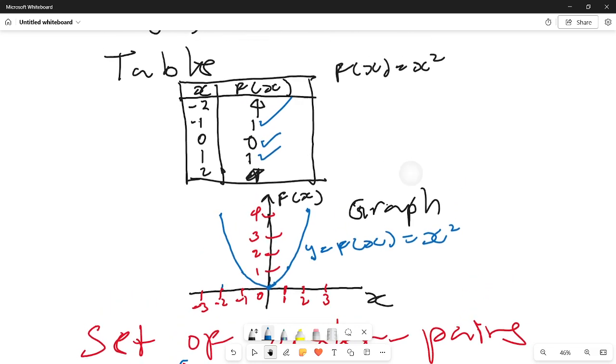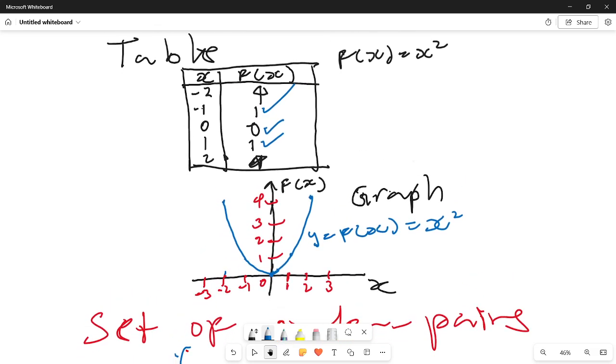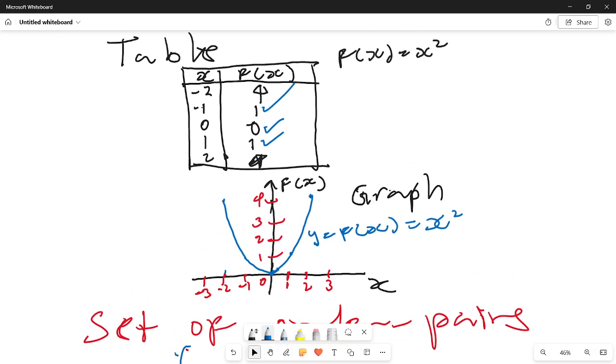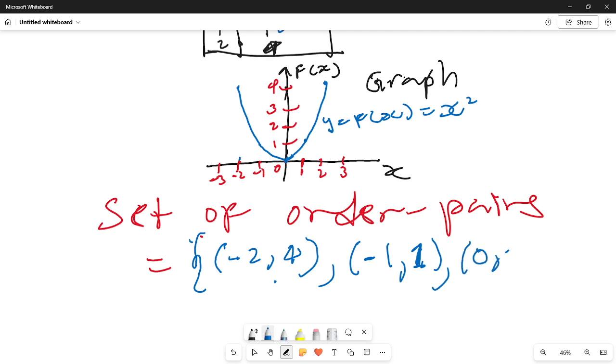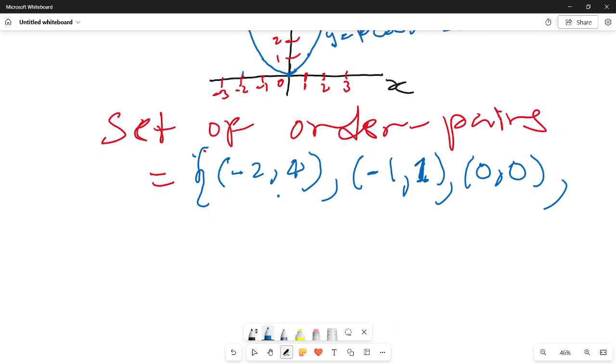If you look at the table, -2 is mapped to 4. So we can have a pair, -2, 4, comma, we go to -1. -1 is paired with 1, then 0 paired with 0, 1 paired with 1.